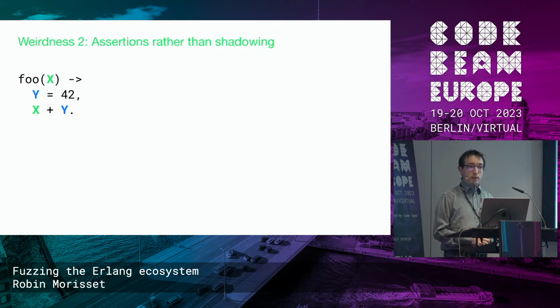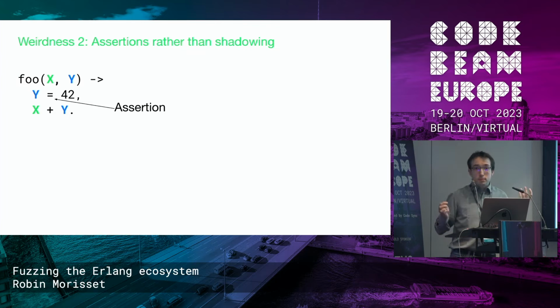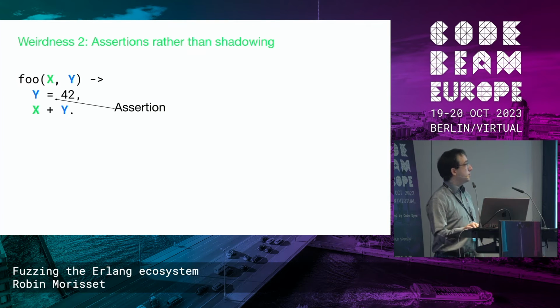Another thing which is well known in Erlang is that if you do y equal 42, this can be an assignment. But if you already have y, then suddenly it becomes an assertion. Which, okay, fine. That's a bit odd, but I can live with that.